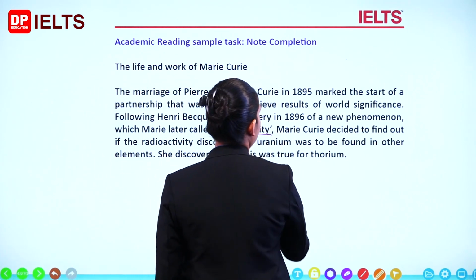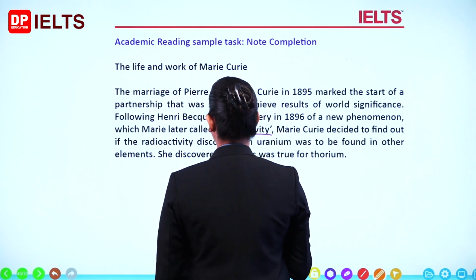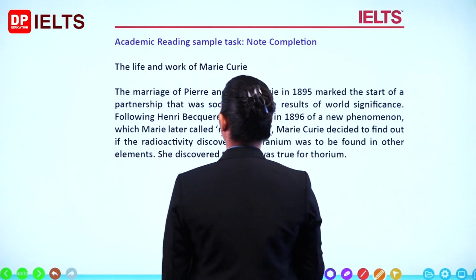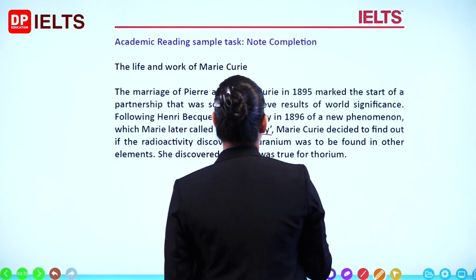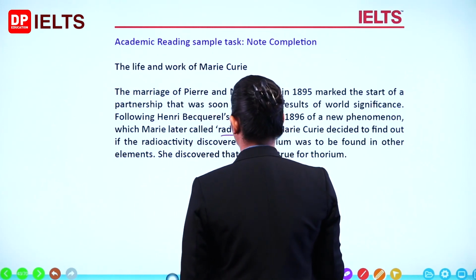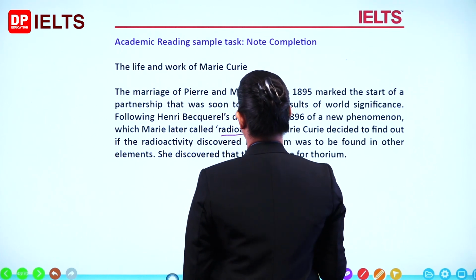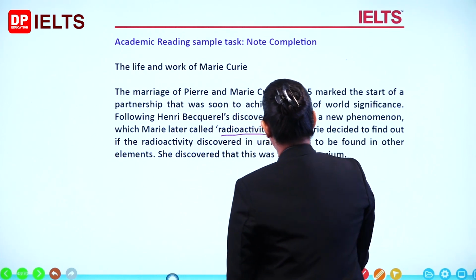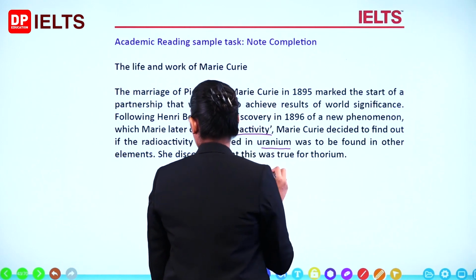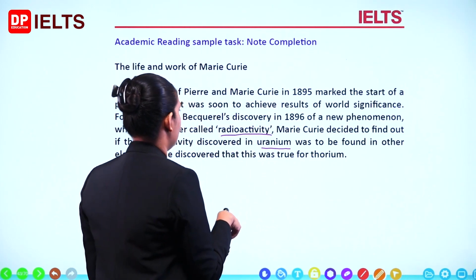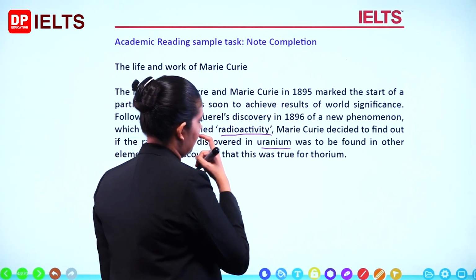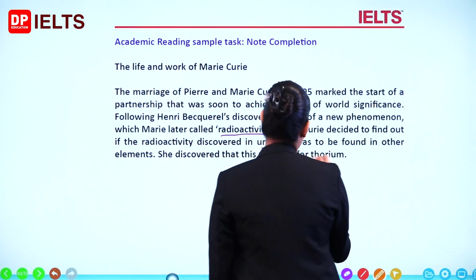Here you go, radioactivity. 1896 was a new phenomenon which Marie later called radioactivity. Marie decided to find out if the radioactivity discovered in uranium was to be found in other elements. She discovered that this was true for thorium.